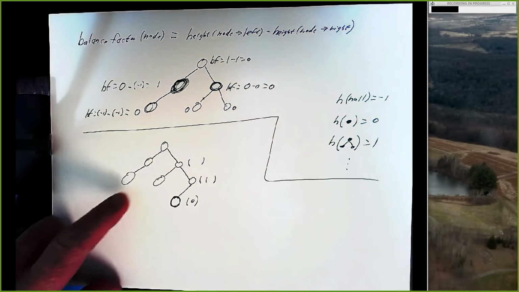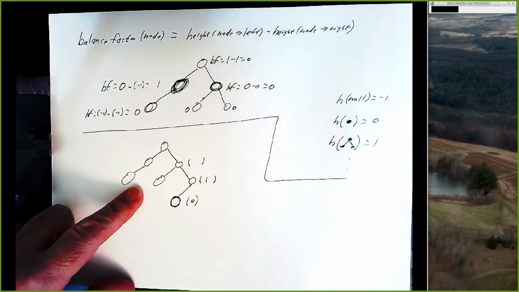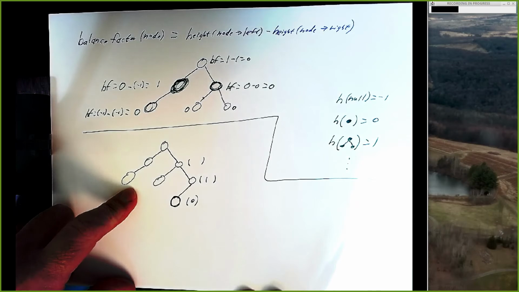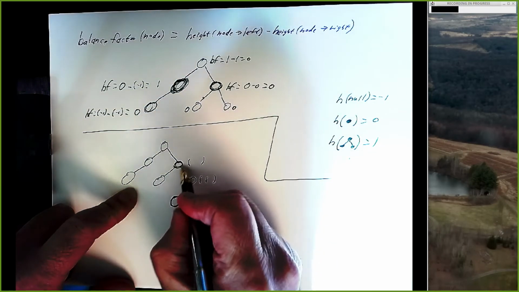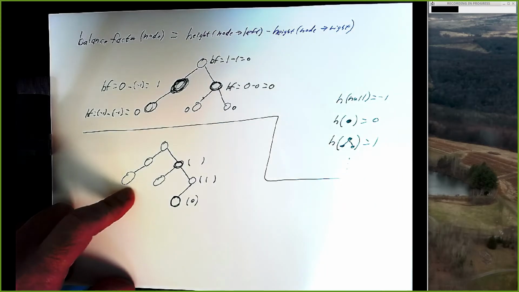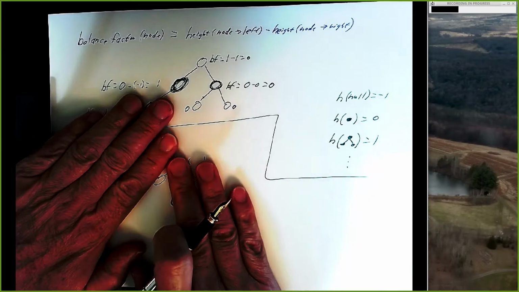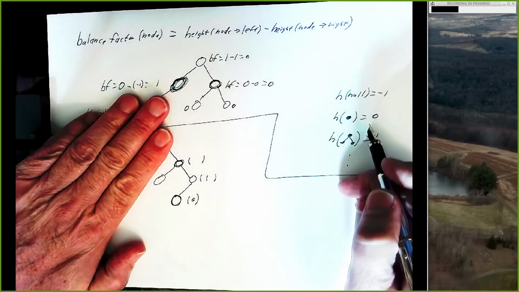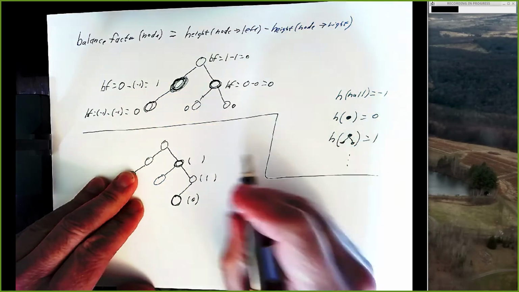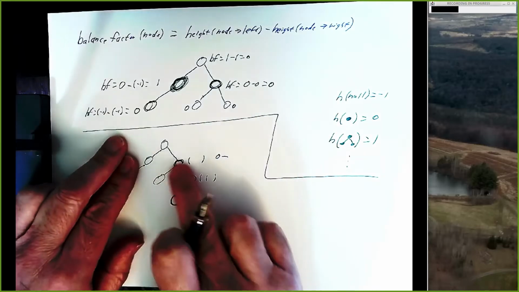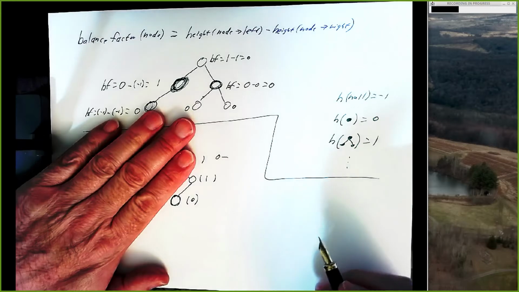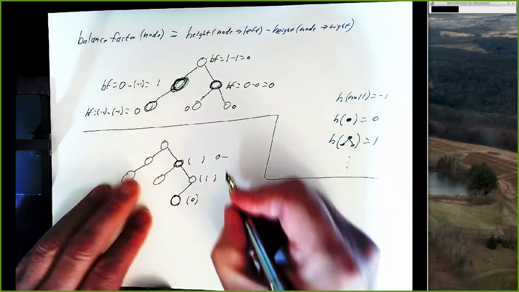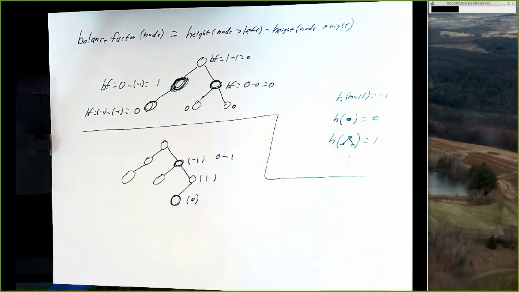No, oops. It would be -1 there, and then 1 on the right, so it'd be 0? Is it 0? So we're looking at this node, right? So what's the left subtree of that node? Oh, I guess that one's a 0. Right, it's just this thing. It's a single node which has a height of 0. And then the right subtree of this node is this thing, which has a height of 1. And so this has a balance factor of -1.